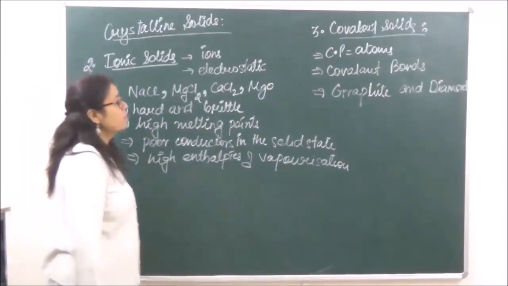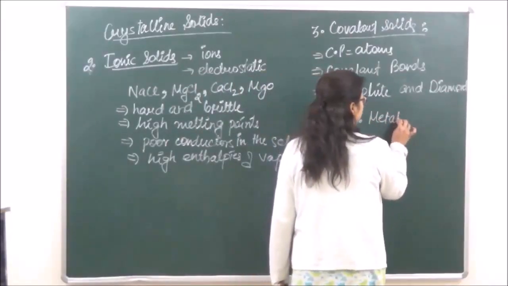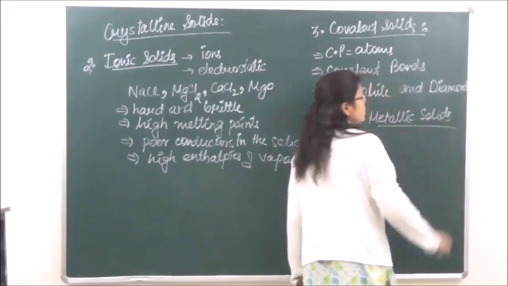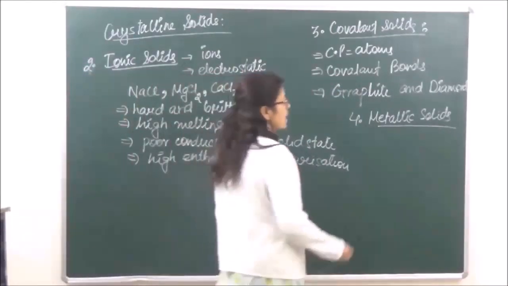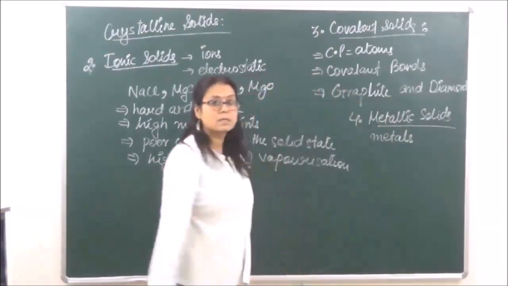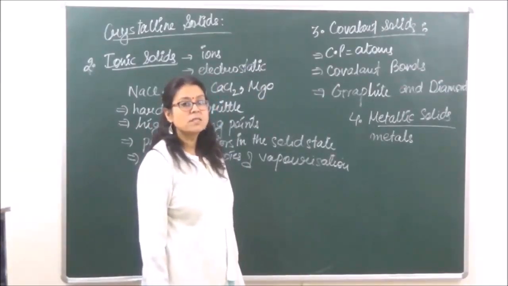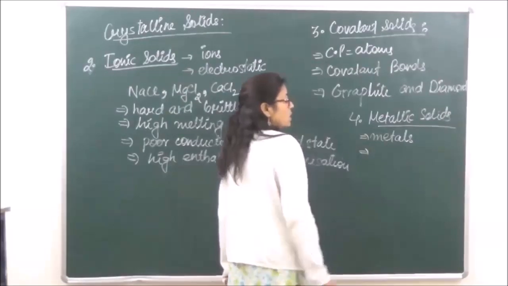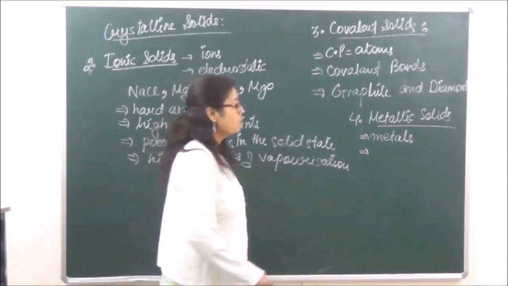Then the fourth type of solids we have is metallic solids. In metallic solids, the constituent particles are metals. Metals, as you know, have electrons and positively charged kernels, as a result of which the forces of attraction in metallic solids are known as metallic bonds.